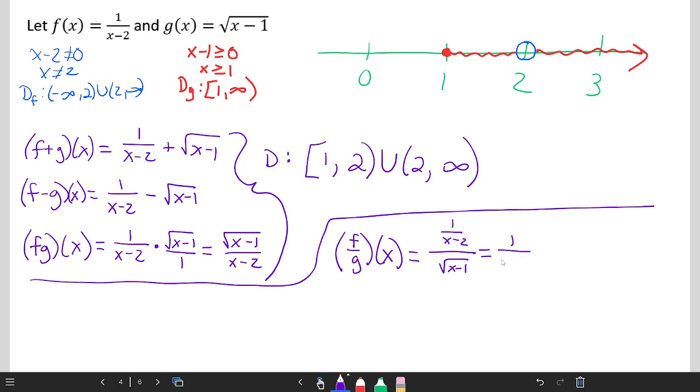So it might be helpful to think about that dividing by something is the same as multiplying by its reciprocal. So dividing by square root of x minus 1 is the same as multiplying by 1 over square root of x minus 1. And so we can write the function rule like this.